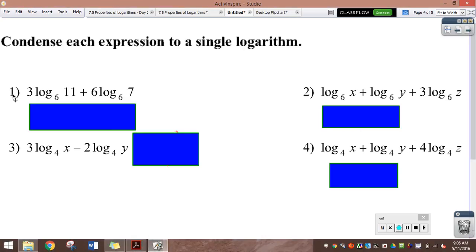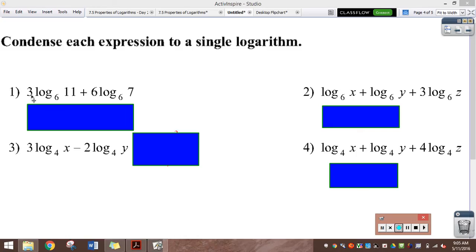So for example, number 1, I have addition, so that means I need a product. And when I condense it, not only do I need to remember to do 11 times 7, but I also have these numbers out front, this 3 and this 6. And so I have to remember the power property, which states that those are exponents of your number.